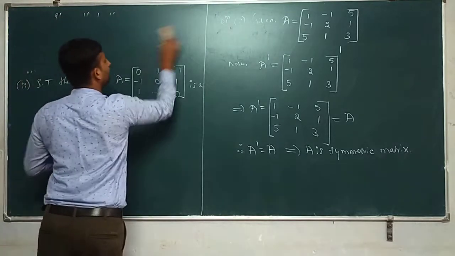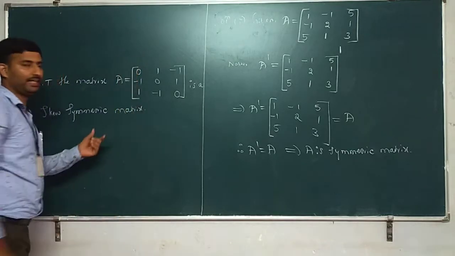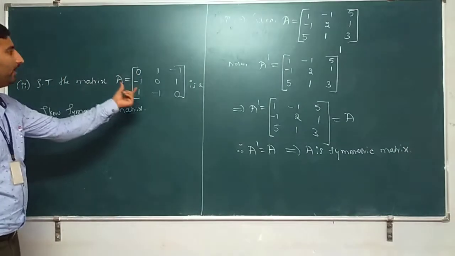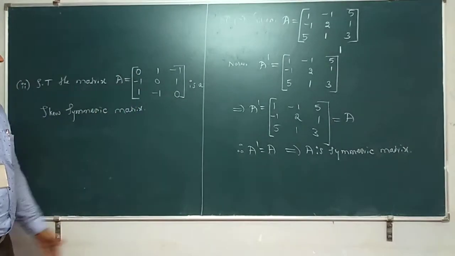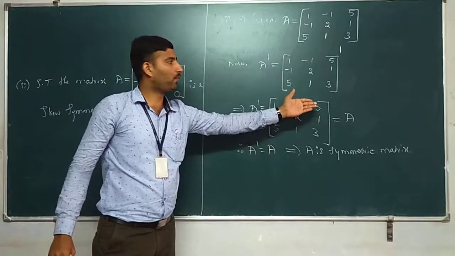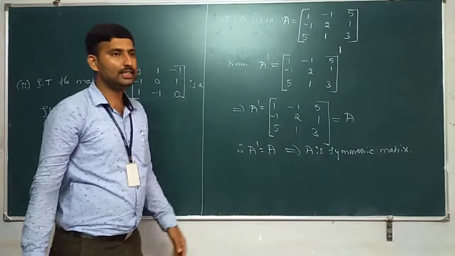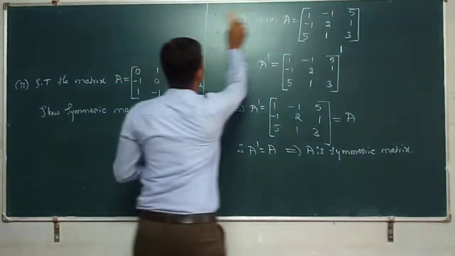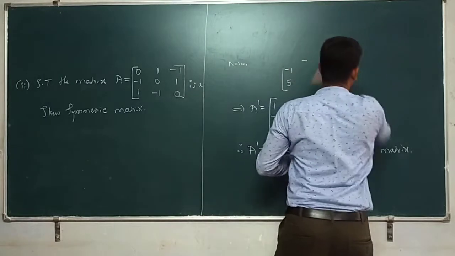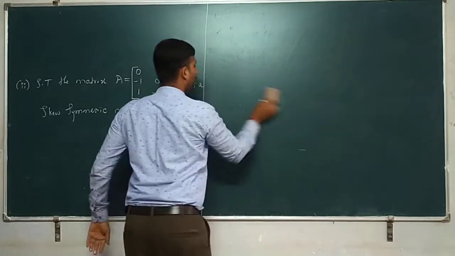After that, you may take a second example. Show that the given matrix is a skew symmetric matrix. Right? This was the first problem, which is symmetric. With the help of the definition, we should write the symmetric matrix. After that, solution number 2.